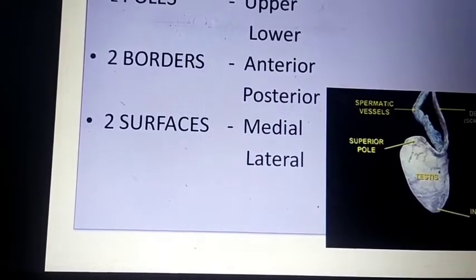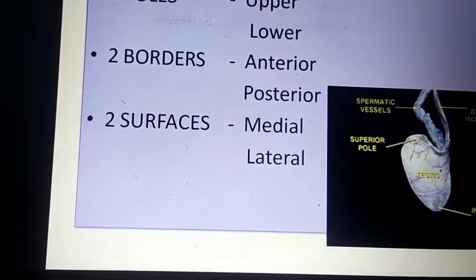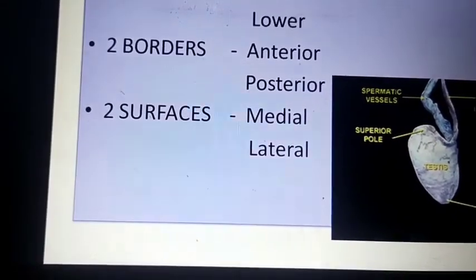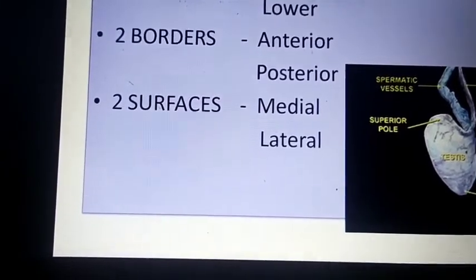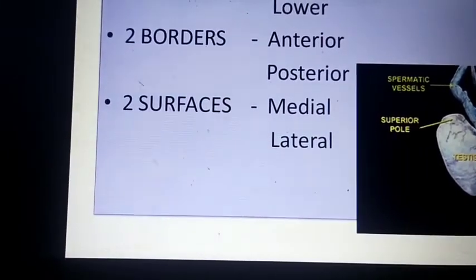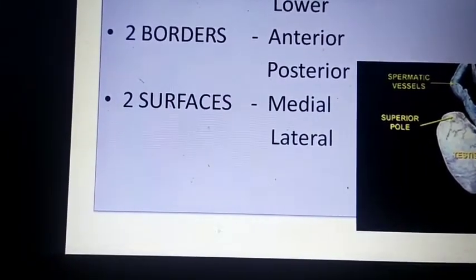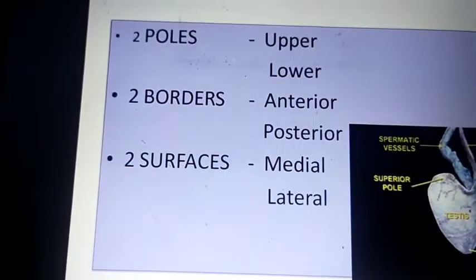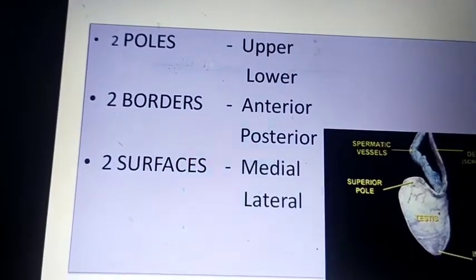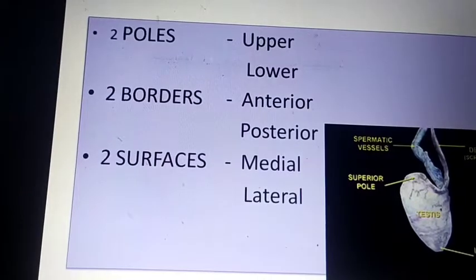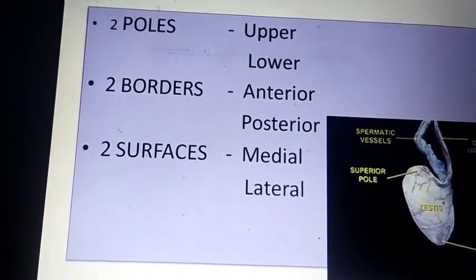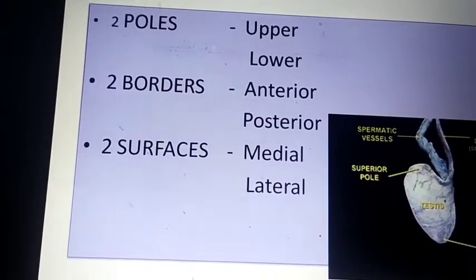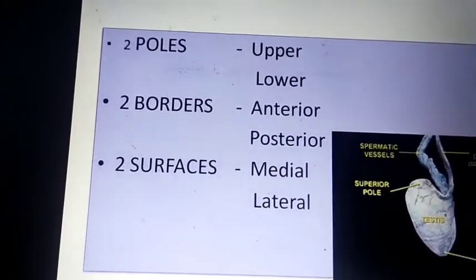The sinus of the epididymis is always present at the lateral surface of the testis. It is very important during surgery, and also when you put the testis back into the scrotum after the surgery. That time the sinus must be towards the lateral side.